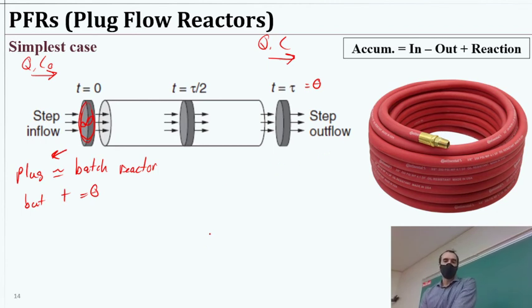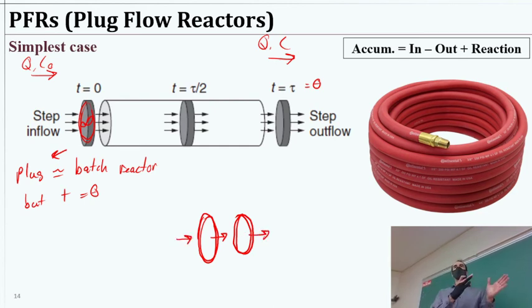The other thing we could do to model this system is to assume that we have an infinite number of these infinitely small plugs, and they're each stationary, and water is flowing from one to the next, and out of one to the next.